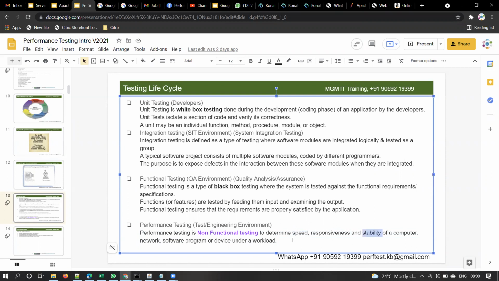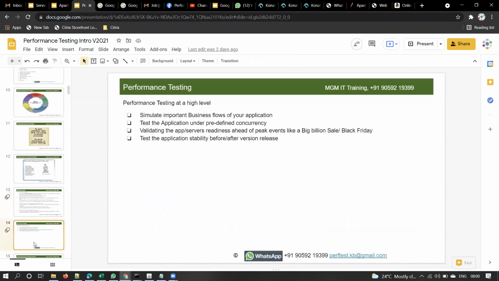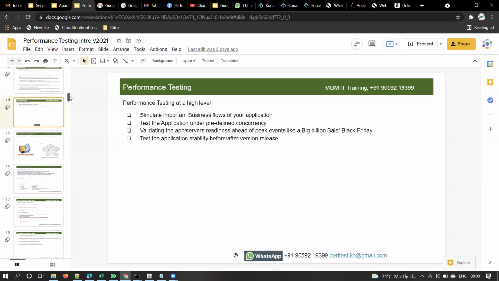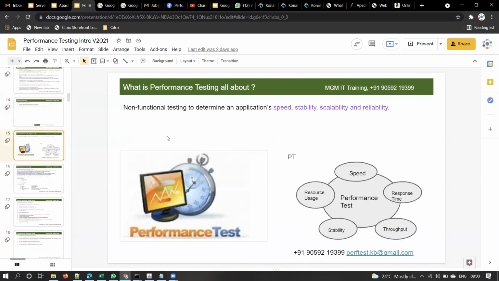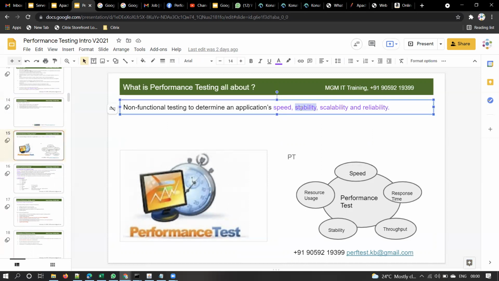So to determine the speed, we'll go to the next slide to see some detailed explanation about performance testing. Here it is. So what is performance testing all about? Performance testing is non-functional testing to determine an application's speed, stability, scalability, and reliability.